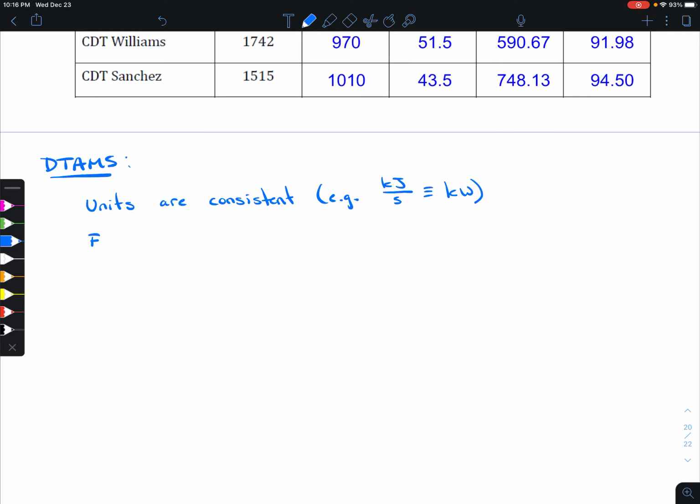I would say that we also have exergy destruction greater than 0. Check. And the magnitude of our answers are reasonable.